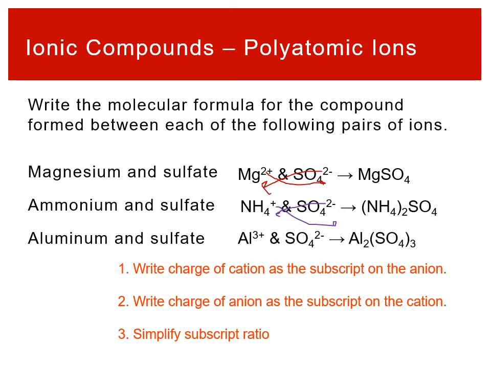Aluminum, we saw earlier, that's the 3+, and sulfate, again, we do our switcheroo. The 3 moves over here, is now on the sulfate, and the 2 goes to the aluminum. Because there's a 3 on the sulfate, now that goes inside parentheses. So we can see that the polyatomics work in the same way, just the added complication that if you have more than one of the polyatomic, it gets a parentheses around it with that number on the outside.